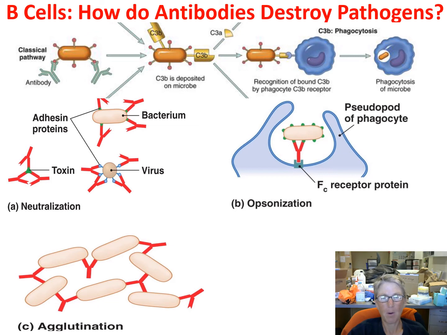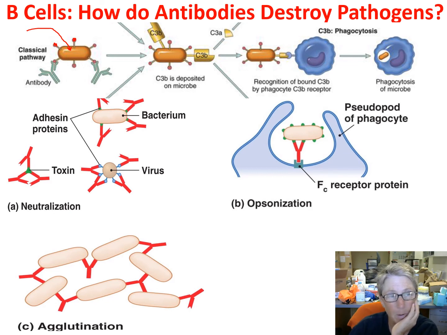How do antibodies destroy pathogens? We went over this when we did the B cells in the previous slide, but here's a microbe, probably a bacillus. It's got some antigens sticking out of its cell membrane, and here's an antibody.